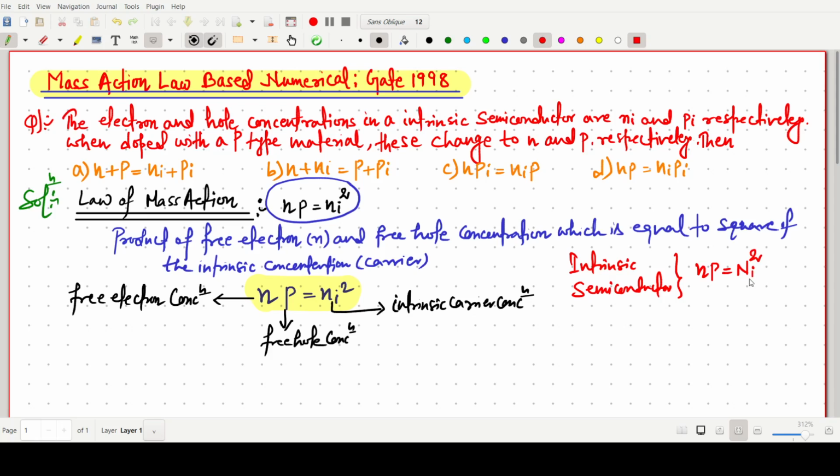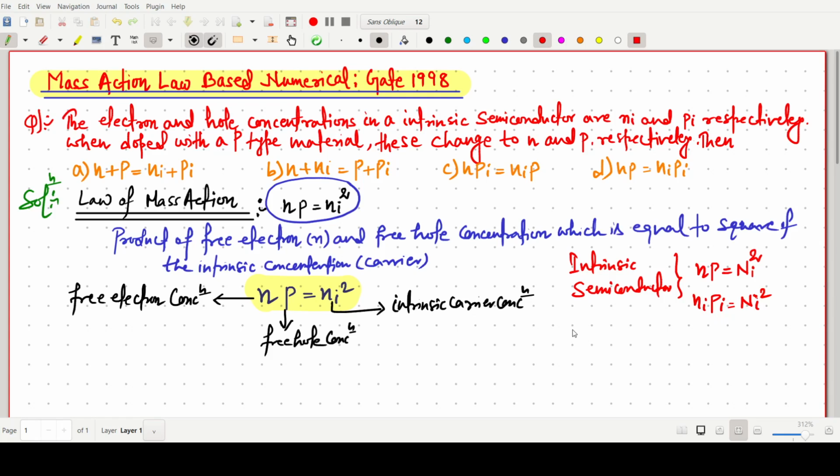In this question they have given the electron and hole concentrations as Ni and Pi, so we can replace N with Ni, and P with Pi, and write Ni square. I am writing this as capital Ni square because if you write a small ni again, there could be some confusion. So this one is for the intrinsic.